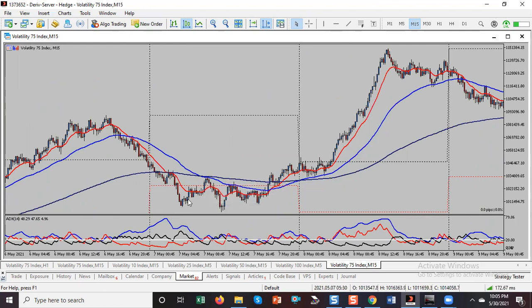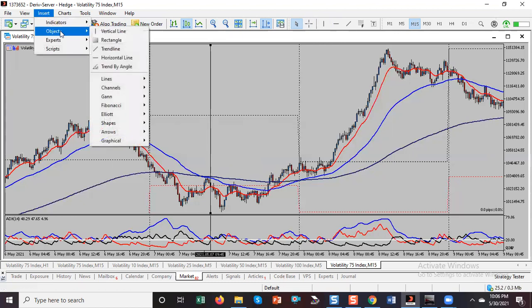On this point, price pulled back to the 200 exponential moving average, and we have 50 and 13 below the 200 exponential moving average. So let's check our ADX if it also meets the criteria. So when the red line of the ADX was crossing the black line, the blue was still above the 20 level. So as soon as you see the cross happen, you take your entry.